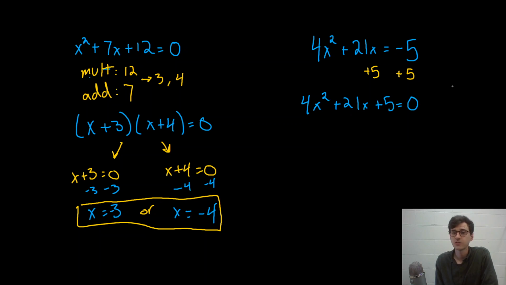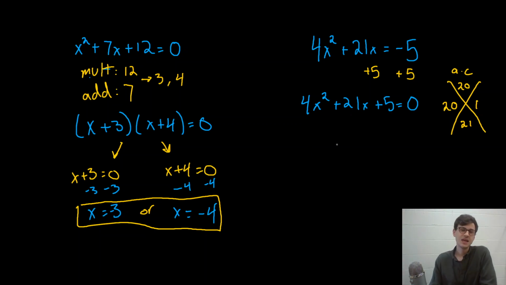Okay, now we can factor this. I know that the two numbers I'm looking for multiply, remember, it's a times c. They multiply to 20, and they add to 21, right? Numbers that multiply to 20: 4 and 5, 4 plus 5 is 9. 2 and 10, 2 plus 10 is 12. But 20 plus 1 is 21. So those are my two numbers.